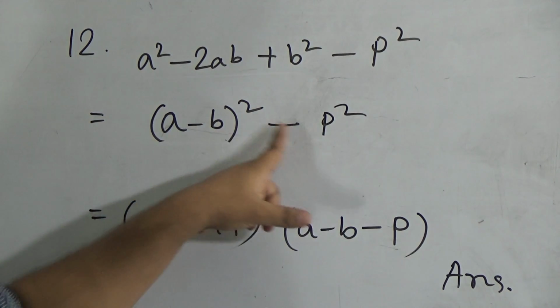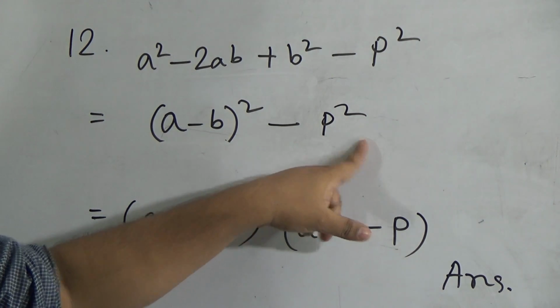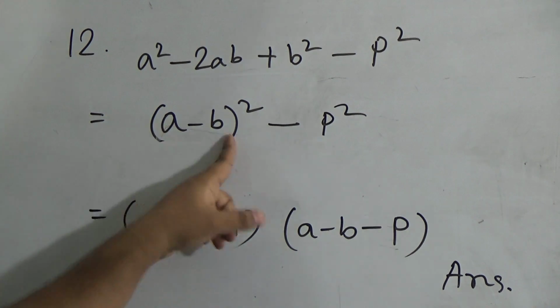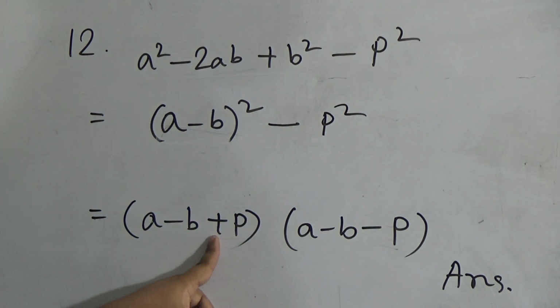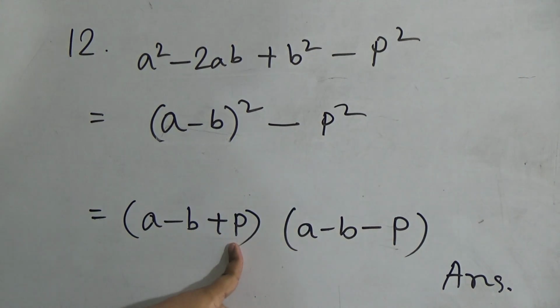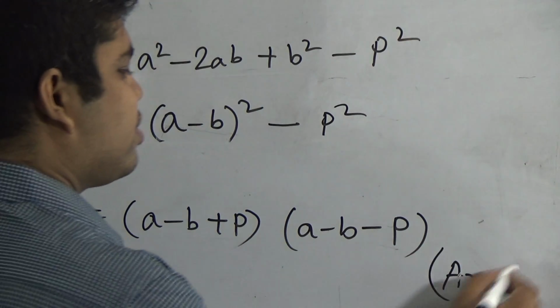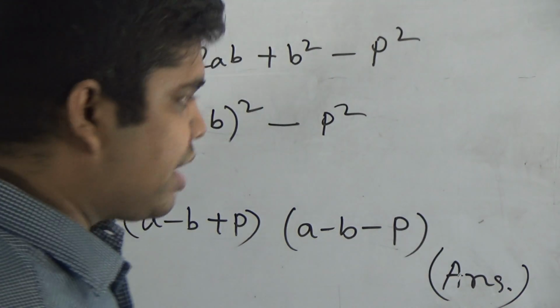Now we apply the a square minus b square formula, (a plus b) into (a minus b). So a means a minus b, so write a minus b plus p, into a minus b minus p, right? Okay, so question number 12 is done.